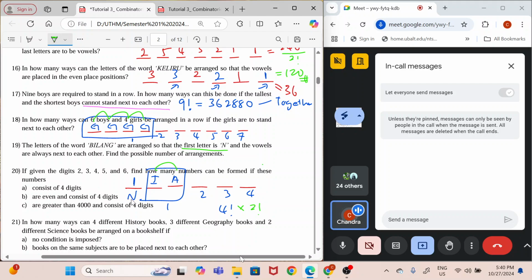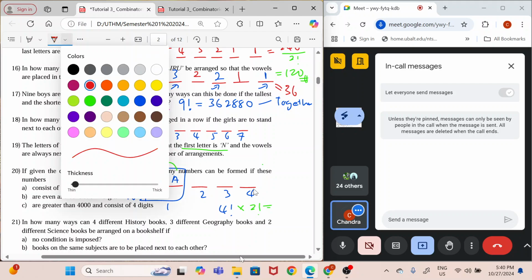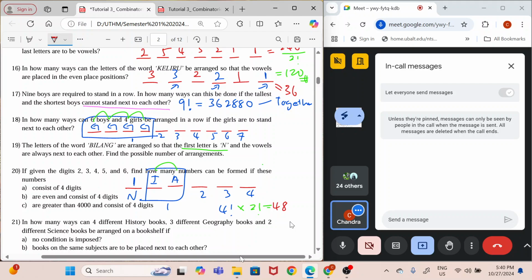We only move these 4 things. 48. That is the answer. The answer for 19 is 48. Yeah.